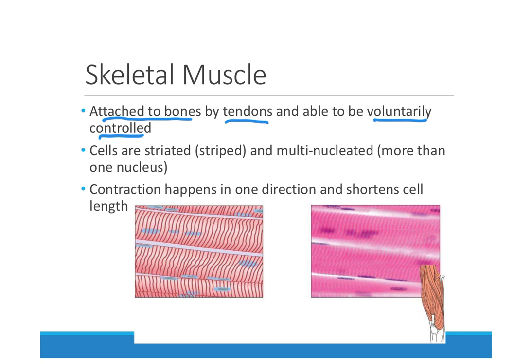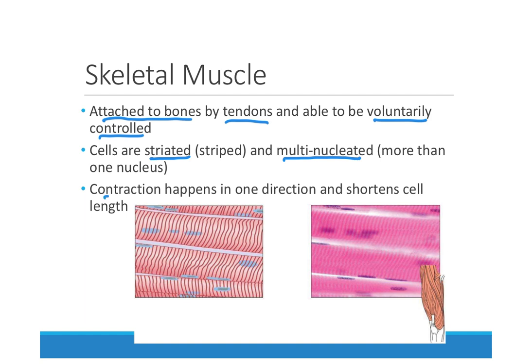The cells of skeletal muscle are striated under the microscope. They look striped. They are also multinucleated. They have more than one nucleus in a mature cell because the cells themselves need a lot of protein fibers to be manufactured in order to have the contraction happen. And of course, the DNA in your nucleus contains the directions for making that protein.